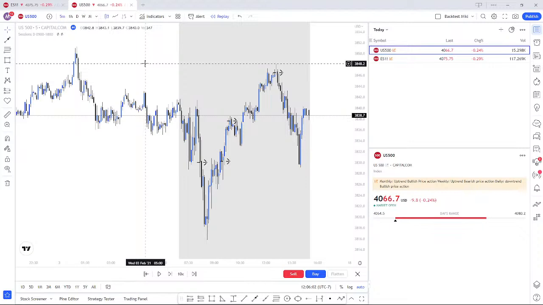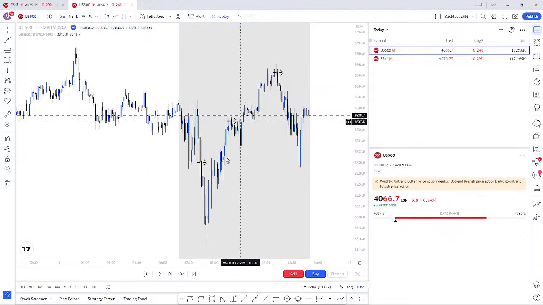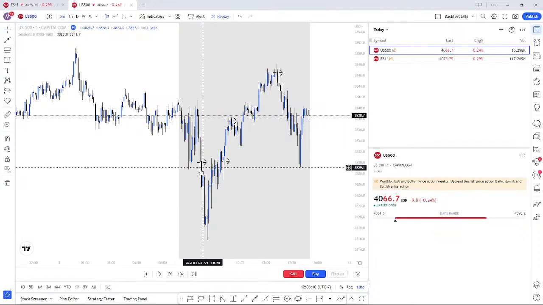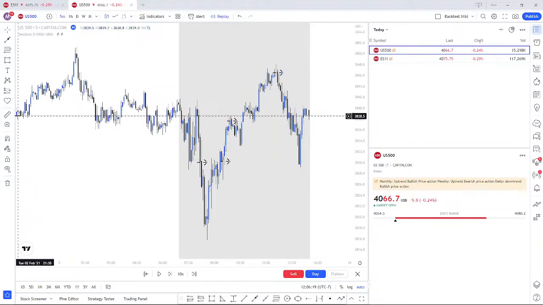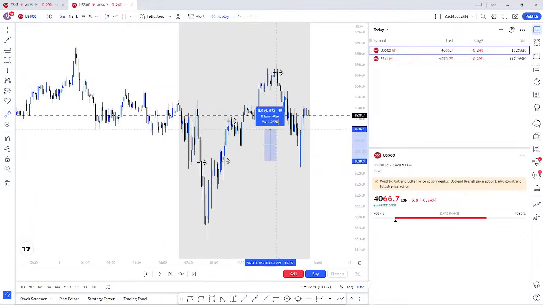You would have lost this trade if you didn't get out here. So that would have been 10% loss, 10% loss. That's 20% loss, right? And then so now you're up at this point here.